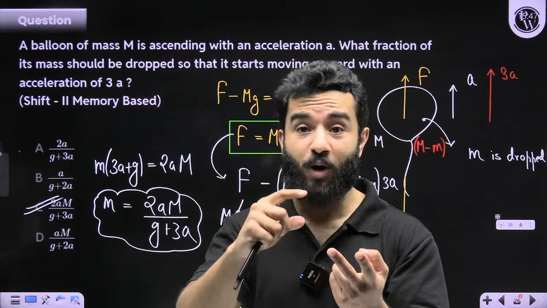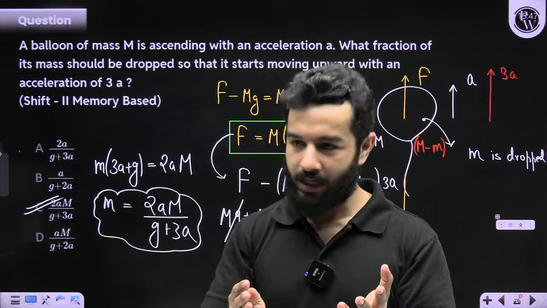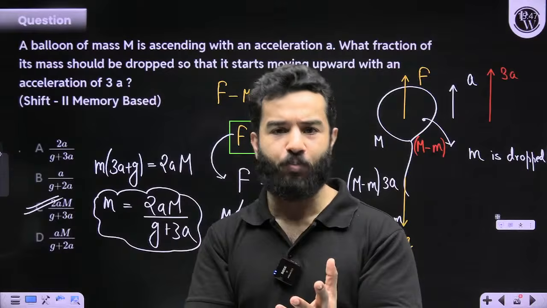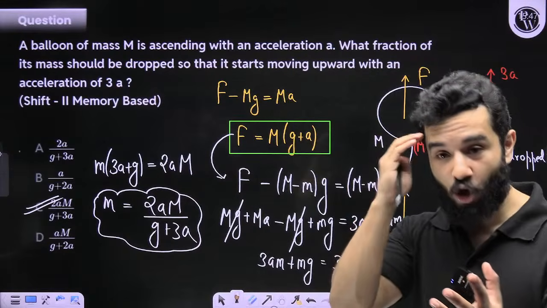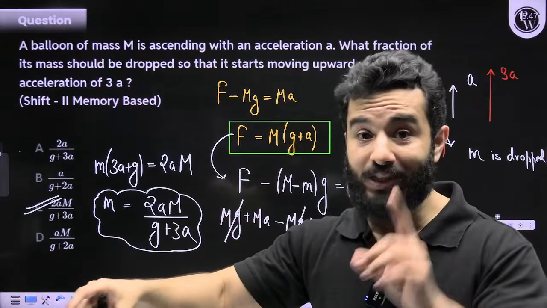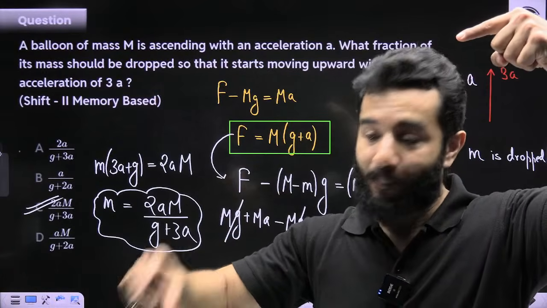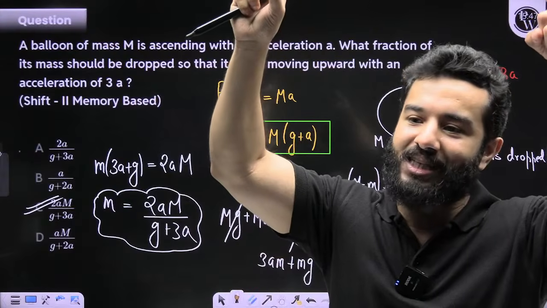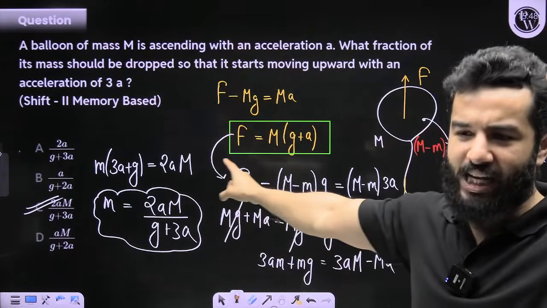They have not talked about the air around it. They have not talked about the density of those things. So we are not going to assume buoyant force. Right now, this is your common sense that okay, if you are going to drop something down, that will not change the driving force, but that will change the mg force. Because of that, net acceleration will increase in the upward direction. This is a very nice problem.